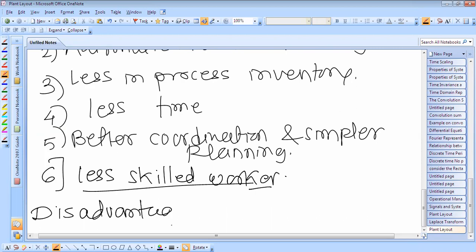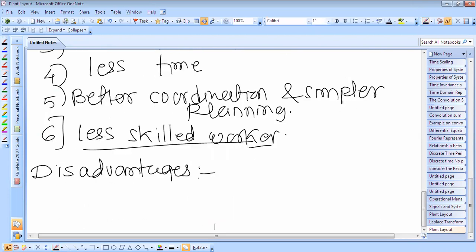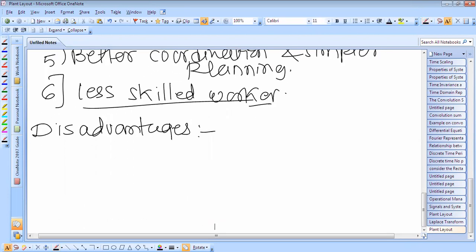As every coin has two sides, there are advantages as well as disadvantages. Since the specified product determines the layout, if a change is required in the product, suppose some changes are required in the product, we have to involve a major change in the layout.